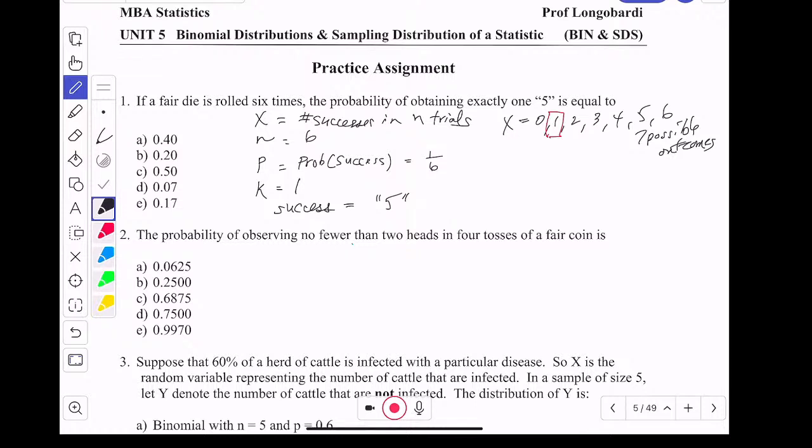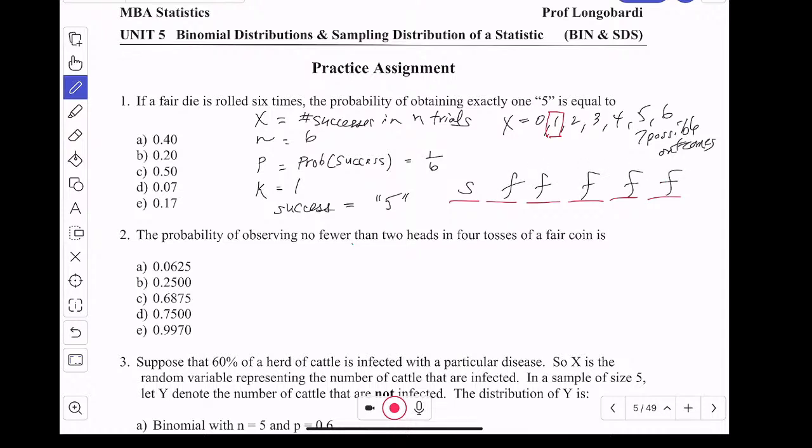So how many different ways are there to see 1 5 in 6 rolls? The first roll could be a success. But then the rest would all have to be failures, right?